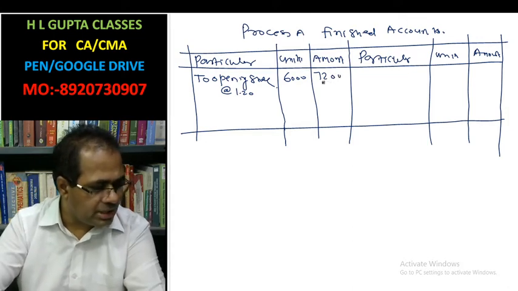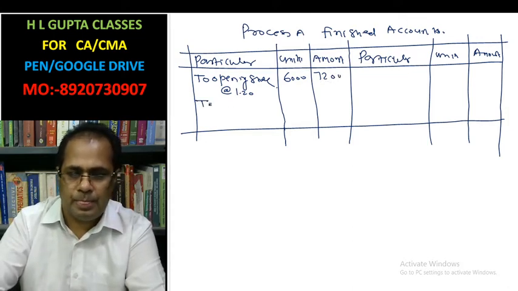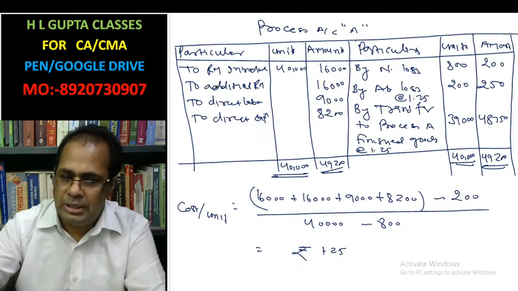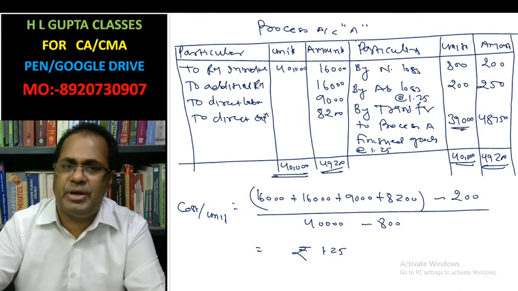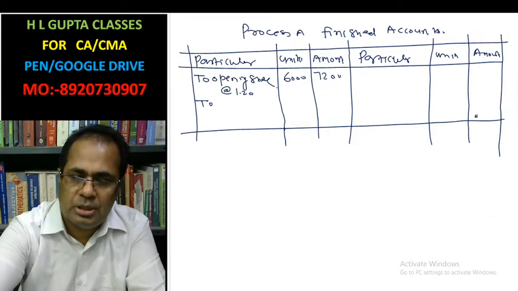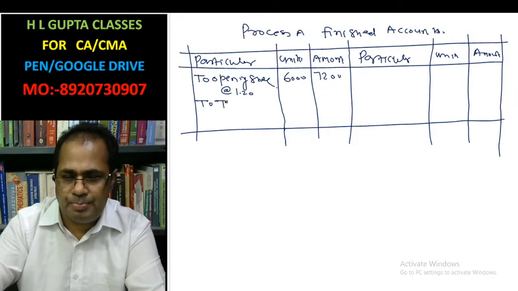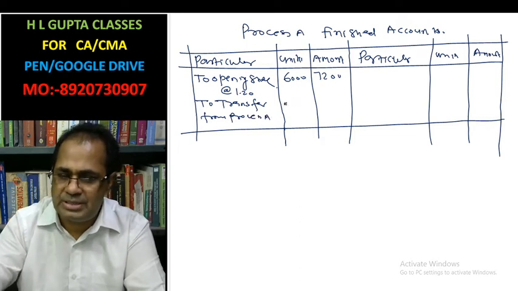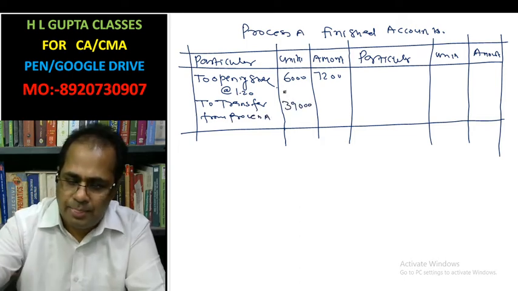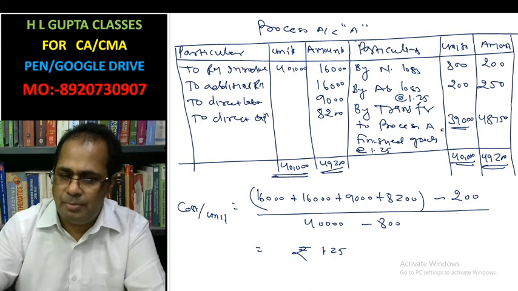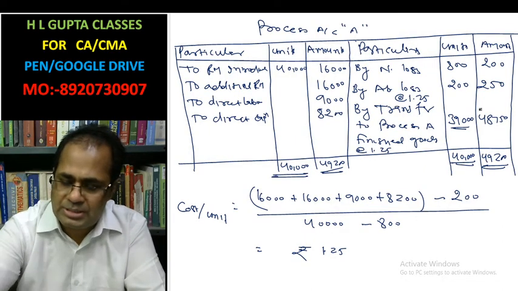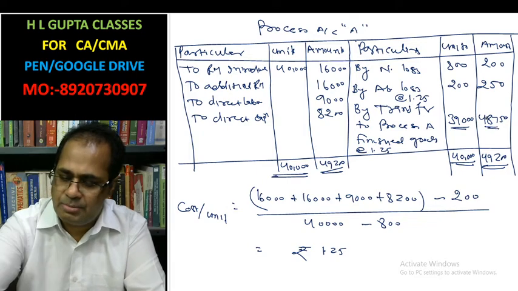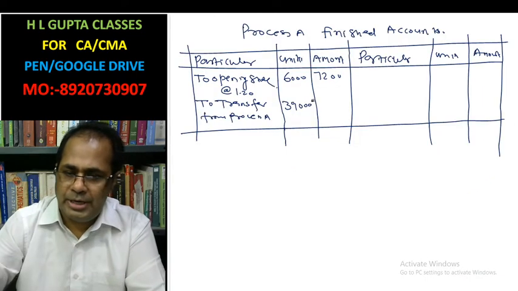Okay, to transfer from process A, look at it, this unit is transferred in finished goods. Transfer in finished goods, this is 39,000, and the cost of this transfer is given here 48,750.